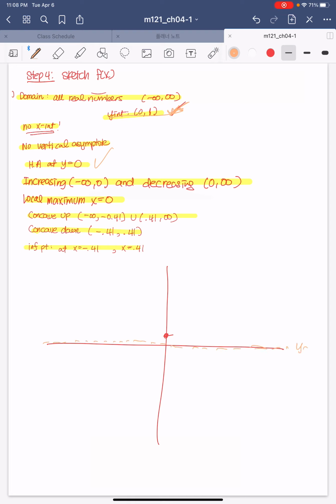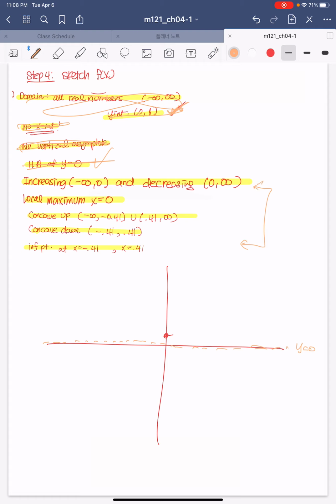That's y equals 0, the horizontal asymptote. We should partition our section. So no x-intercept, so nothing, no vertical asymptote, so I'm not going to draw anything. All real, so let's focus on this part here.